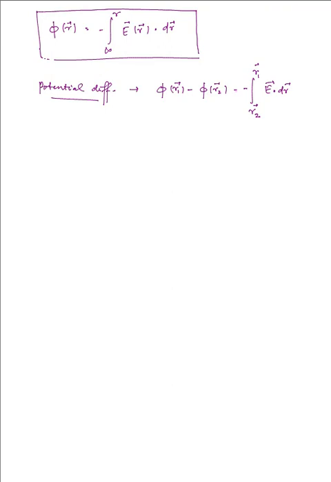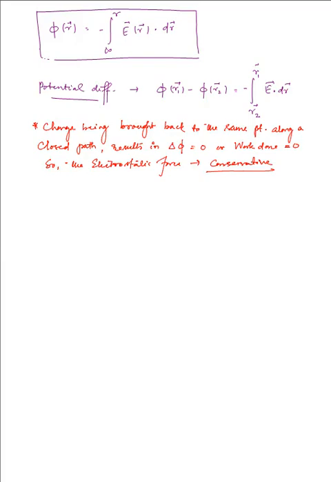What that means, with the curl of E being zero, is that the work done is zero, and the electrostatic force is a conservative force. If the charge is brought back to its initial position over a closed path, then the potential difference becomes zero, and hence the resultant work done is also zero. Then we have the electrostatic force to be a conservative one.